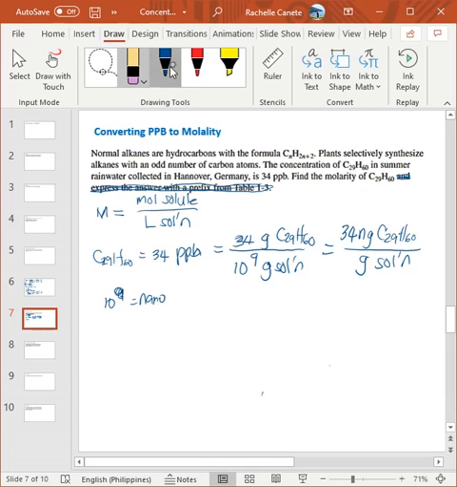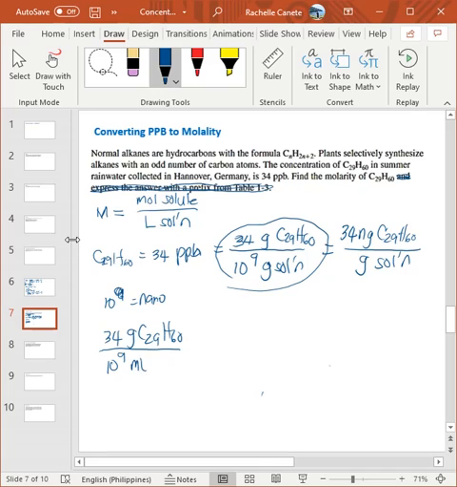Because we're computing for molarity, let's use 34 grams of C29H60 for every 10 to the 9 ml of solution, right?